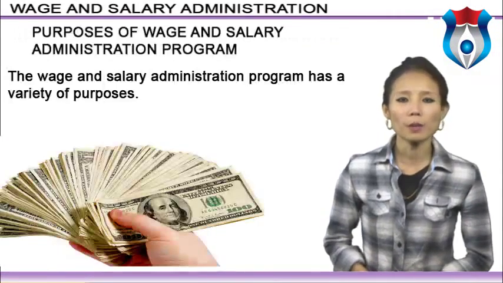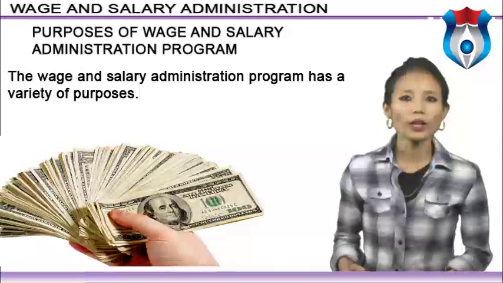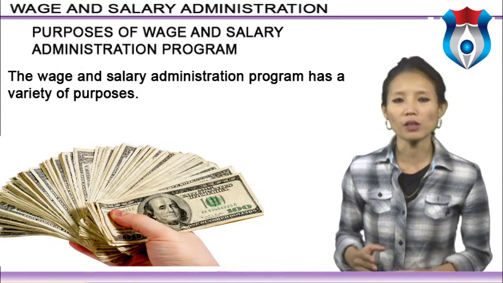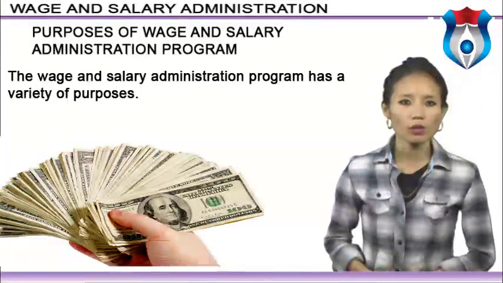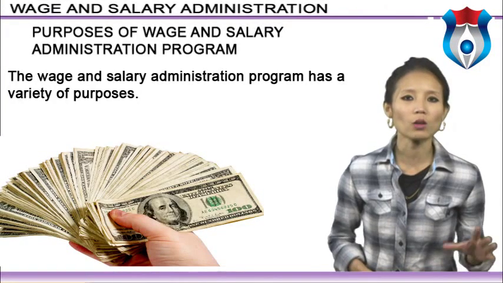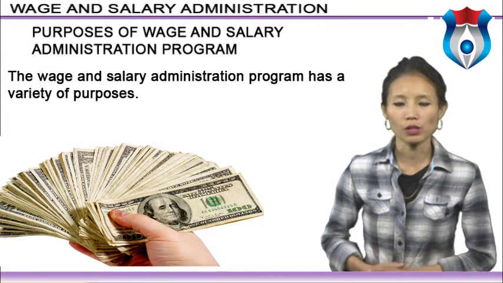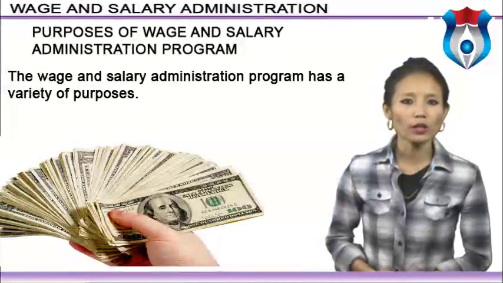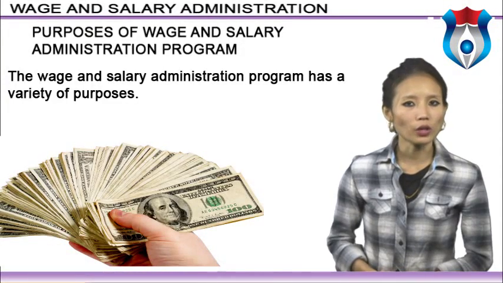Let us now discuss the purposes of a wage and salary administration program. The wage and salary administration program has a variety of purposes. These are as follows: to define the duties and responsibilities involved in each position in the hospital and determine the qualities and training requirements of the employee occupying the position. To compare positions according to mental and physical requirement, skill, responsibility and working condition.